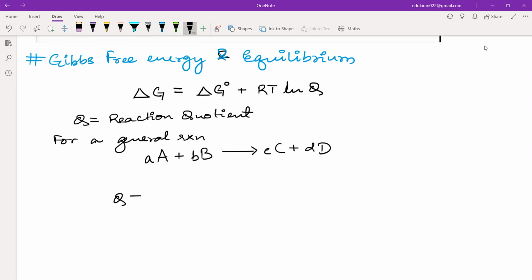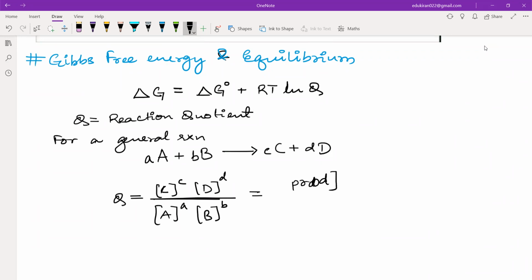So Q is given by C to the power of small c, D to the power of small d, over A to the power of small a and B to the power of small b.